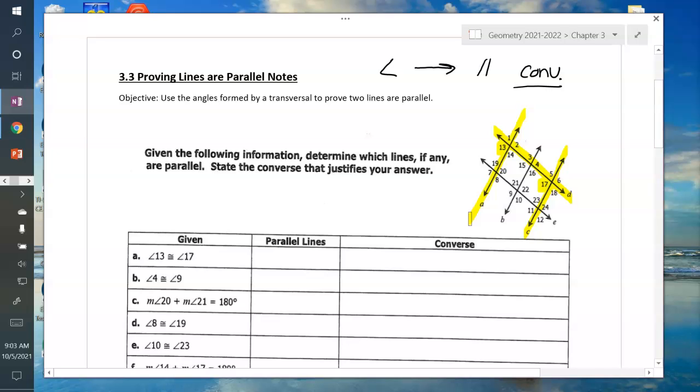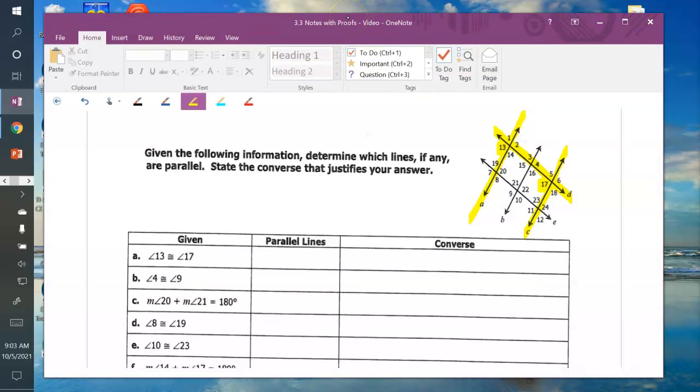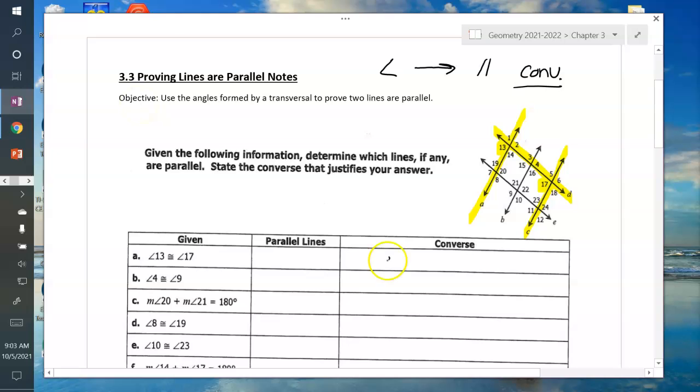So what we see here is corresponding angles. So take a look at that. Those are corresponding angles. So I'm going to say the converse of corresponding. And what that says is if your corresponding angles are congruent, that implies that the lines are parallel. So that means that line A is parallel to line B.